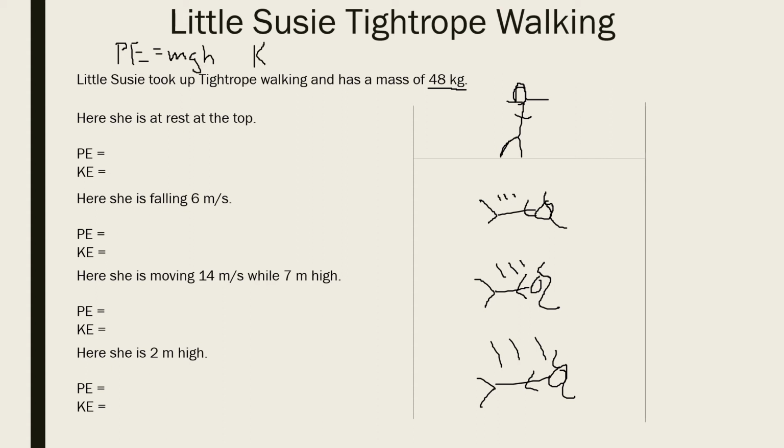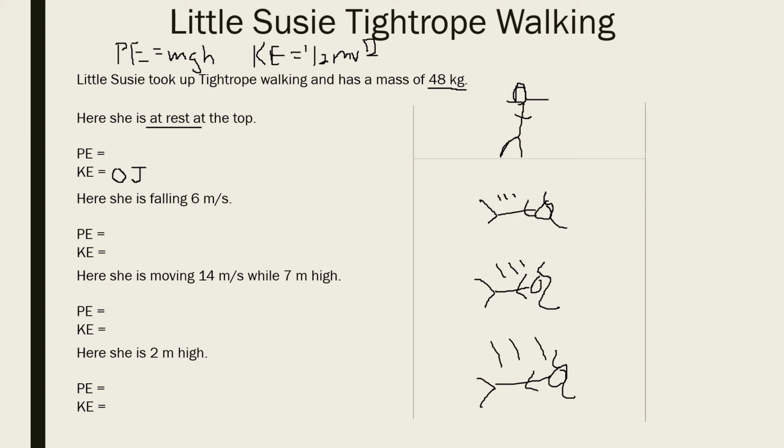And I know that KE equals 1/2 mv squared. All right? So here she is at rest at the top. I have no idea how high she is, but I know that if she's at rest at this very first spot, I know her KE is 0.